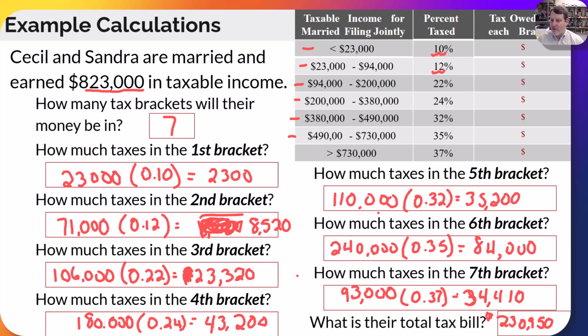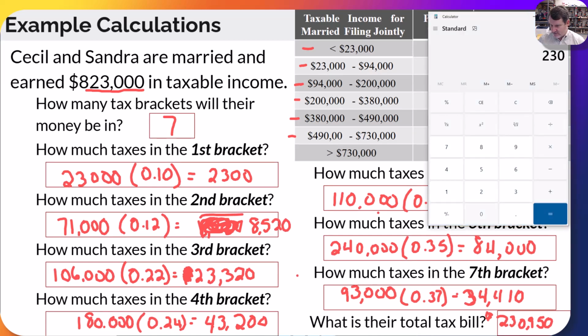So if we want to know what their overall tax percentage is, we could do something pretty straightforward. We could take the money they paid in taxes total and divide that by the total taxable income they had. When we do that, we get $230,950 divided by $823,000.